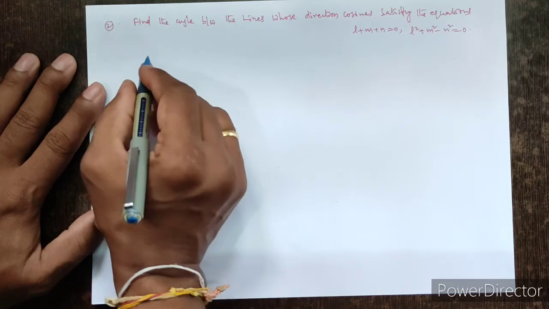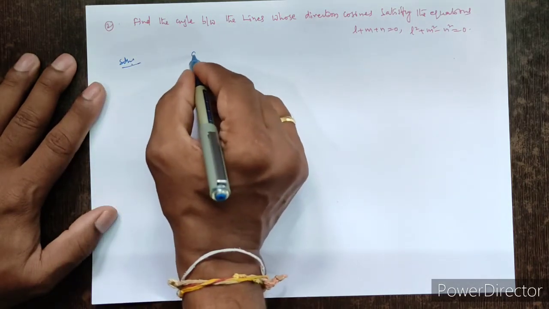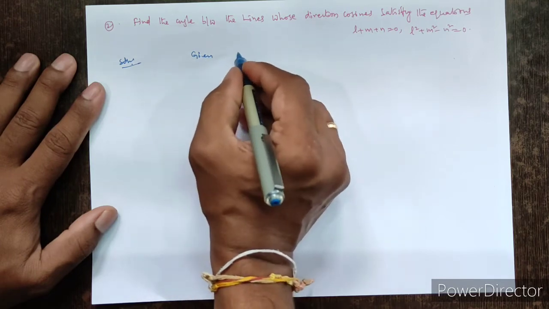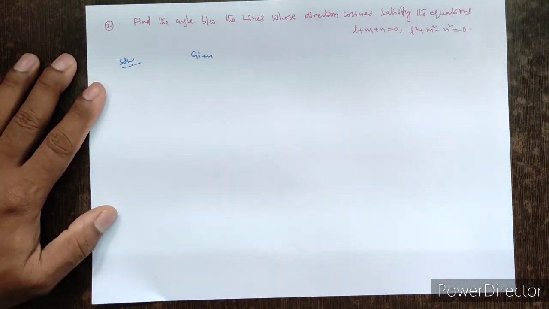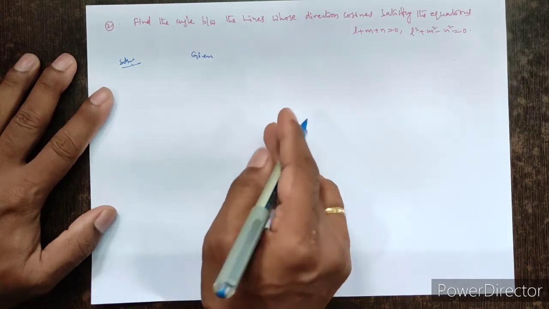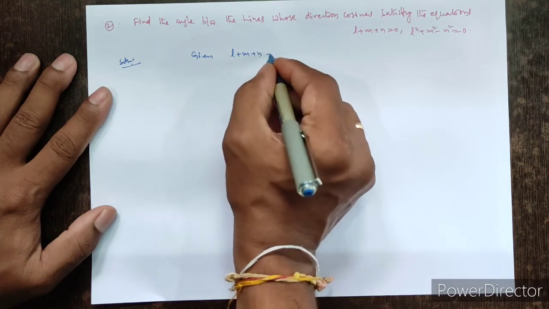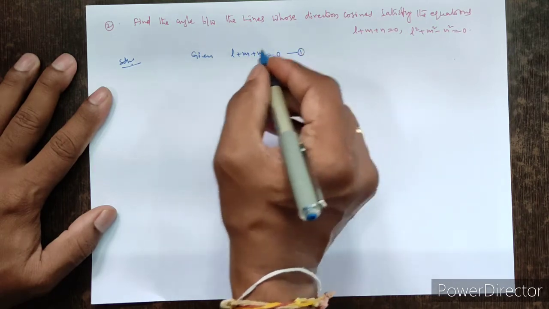Same like that, but here we should find the angle. So the given relations: L plus m plus n equal to 0, that is equation number 1.